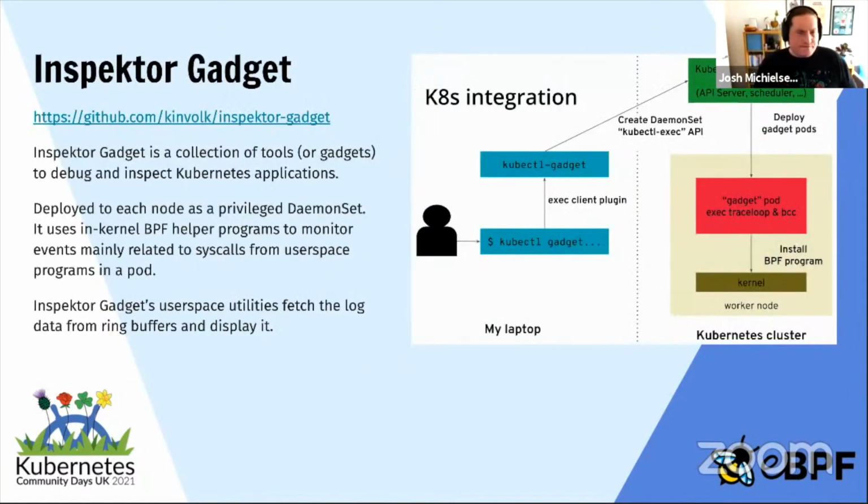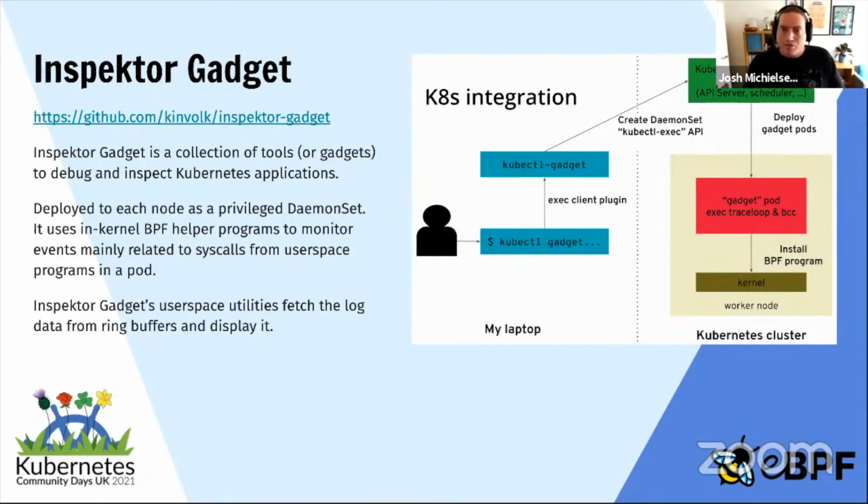And I think this is the final one, Inspektor Gadget. Inspektor Gadget is a project that is wrapping a whole bunch of tools rather than being one tool on its own. It takes some of the ideas from the previous BCC tools and bpftrace that we saw before and creates a project that is able to be deployed into your cluster.